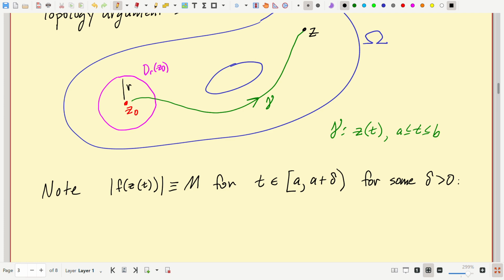Because inside that purple circle, it's identical to m, and by continuity, there'd be a little delta there.